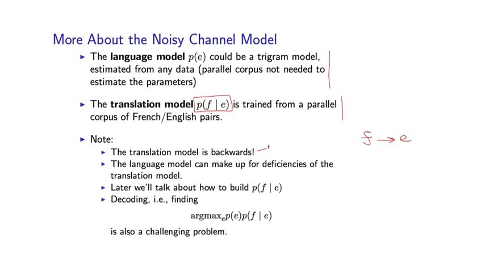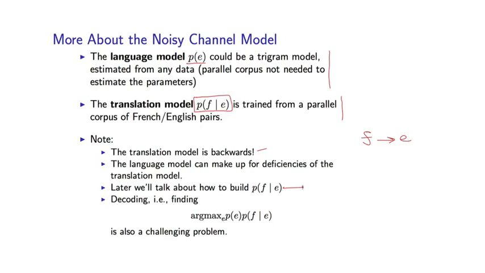One big advantage of this is that we now have a model that makes use of a language model over English sentences, and this gives us a very strong source of information about which sentences are likely or grammatical or fluent on the English side, and that can make up for a lot of deficiencies in the translation model.